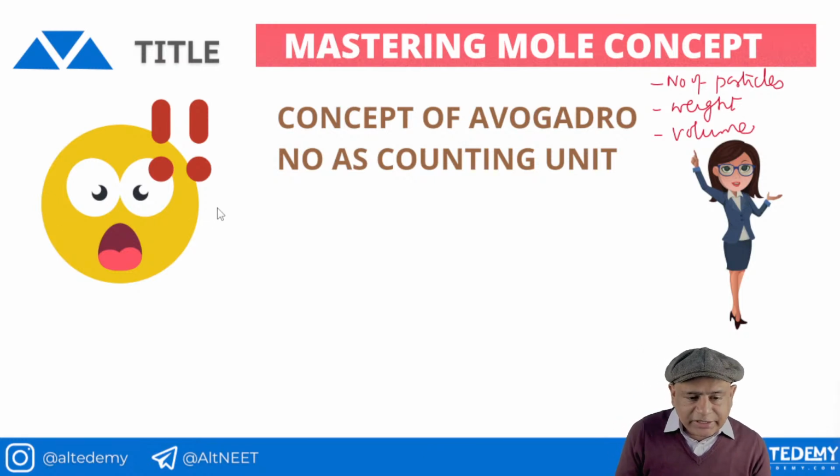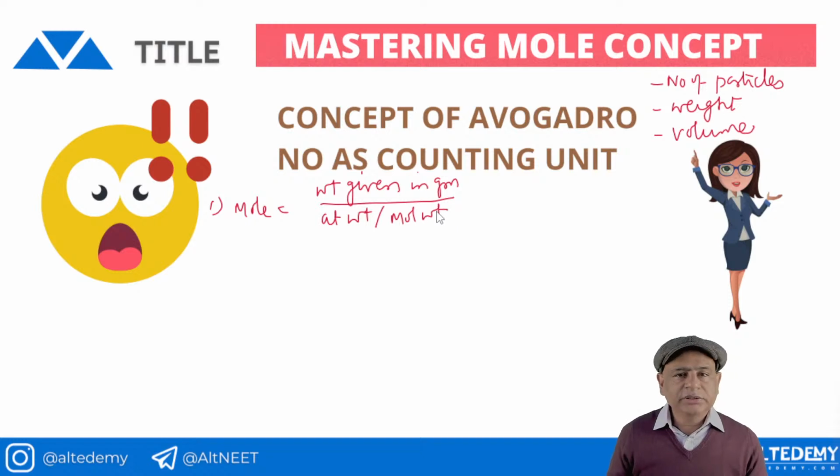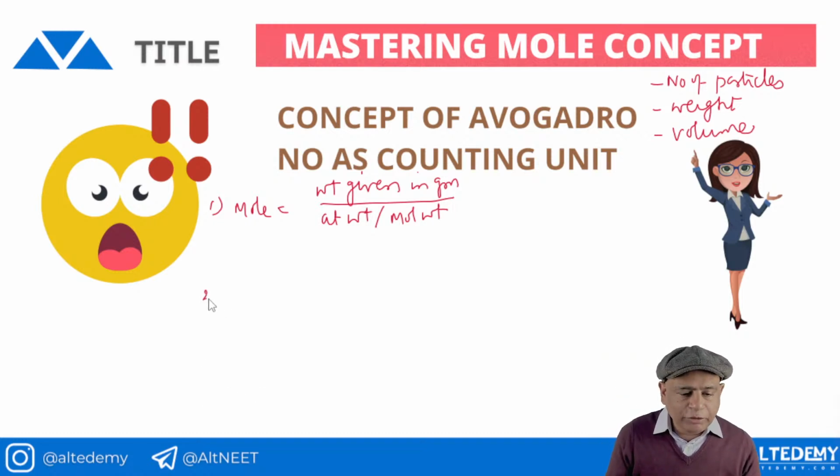Now, you remember the three formulas. First, mole of any substance is equal to weight given in gram divided by atomic weight or molecular weight that you find out. That is the first formula.